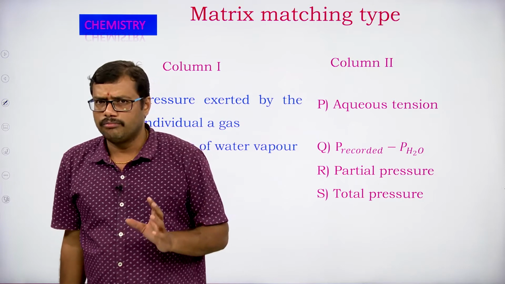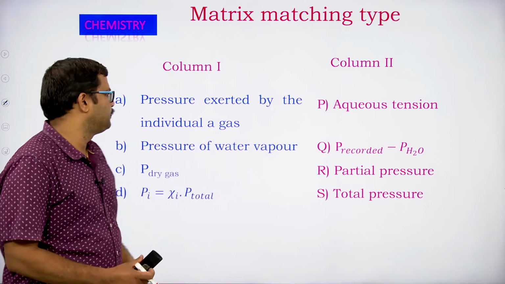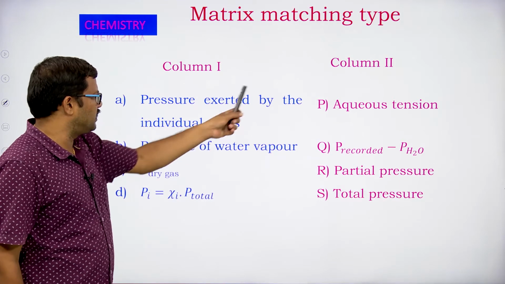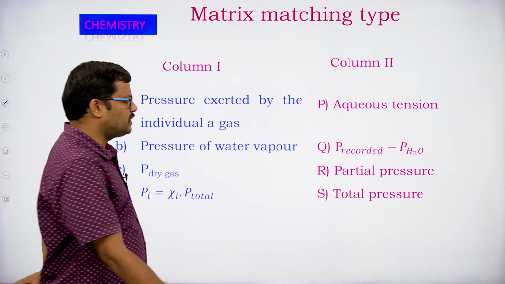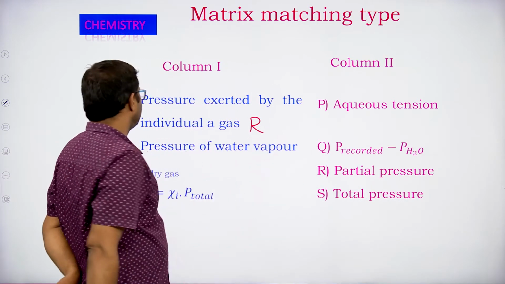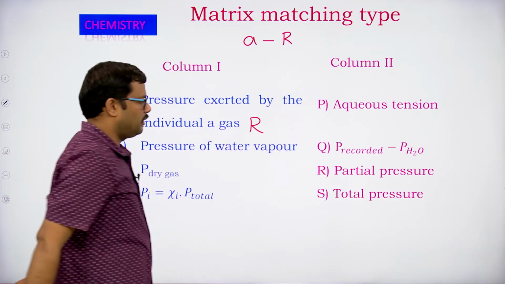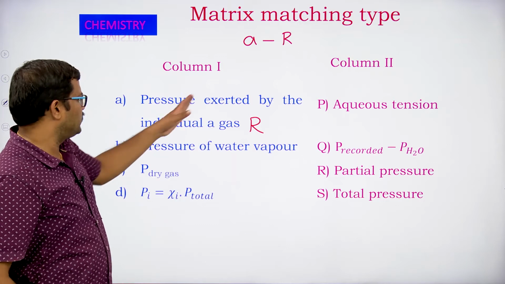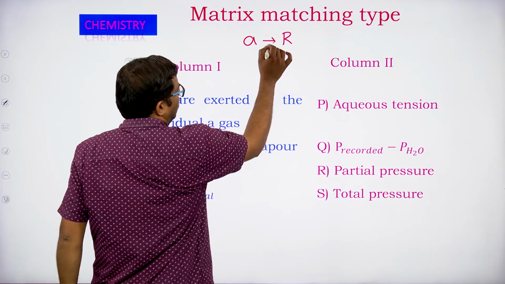So, you have to match column 1 elements to column 2 parameters. So, what is given here? Pressure exerted by the individual gas. Pressure exerted by an individual gas is partial pressure. So, what is partial pressure here? R. So, A is R. That is, pressure exerted by the individual gas is R. So, A correlates to R.